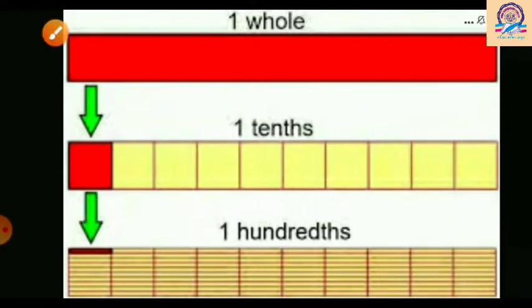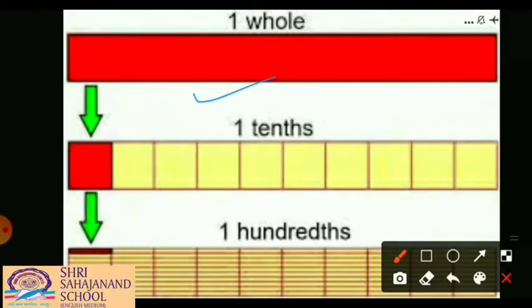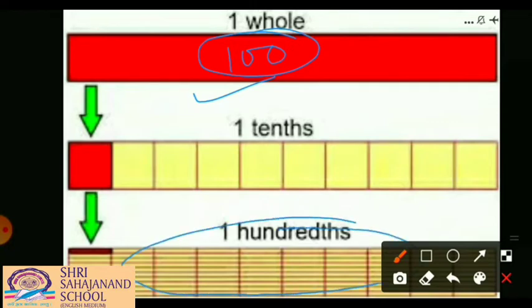Now let's understand 1/100ths. Suppose we have taken one whole, and now we divide this whole into 100 equal parts. At the bottom you can see the whole was divided into 100 equal parts. Each part will be known as its 1/100th part.